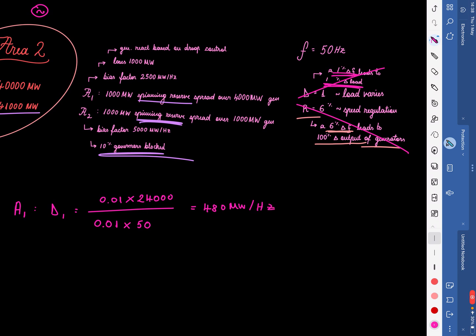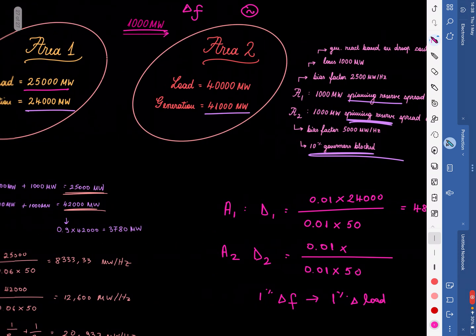Now once again, for area 2, we know that a 1% change in frequency leads to a 1% change in load. So for area 2, we have 1% change in frequency of 50 Hertz, 1% change in load, and the load for area 2 is going to be 40,000.